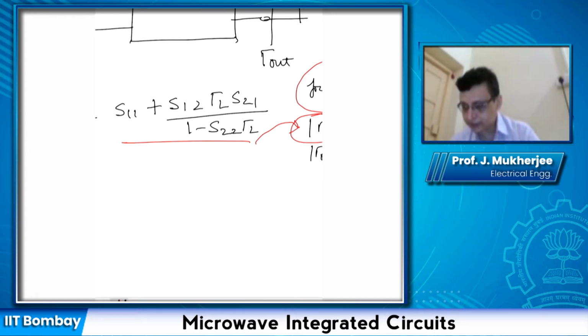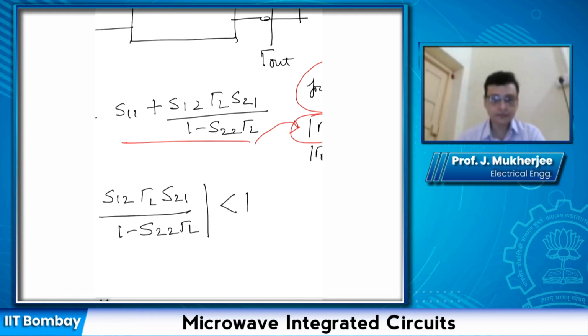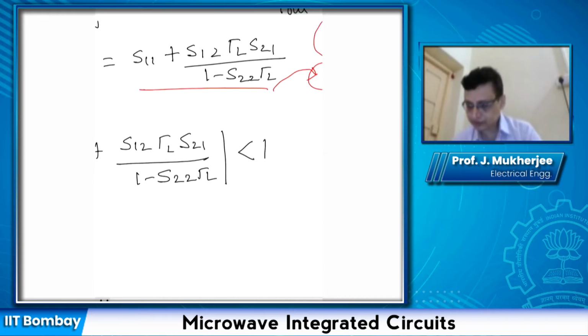So what we then get is, okay. Now this can be simplified to this equation. Now, the derivation is given in the book by Gonzalez. Please go through it.